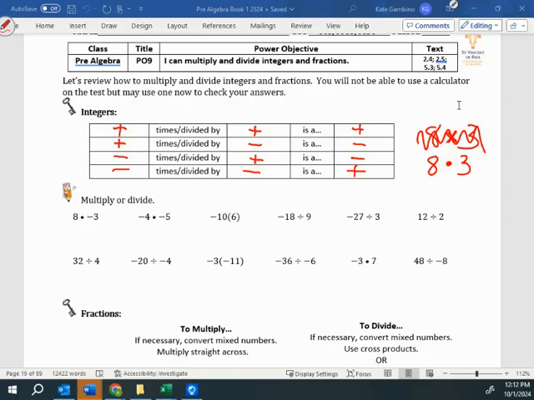You can tell me. Abby? 24. And then when a number is positive, we don't have to put the positive symbol in front of it. We just know it is positive. So I have a positive times a negative. So what will my answer be, Harper? Negative.